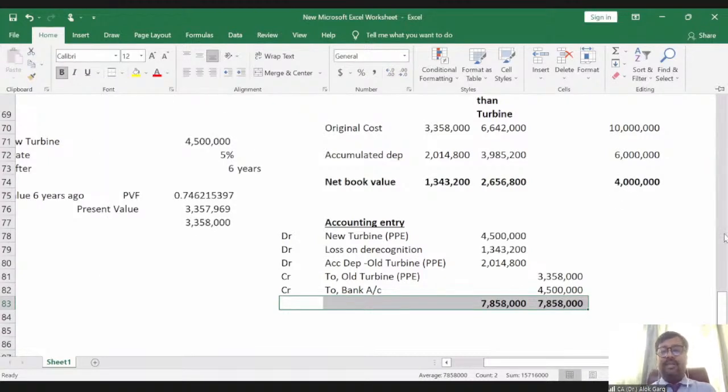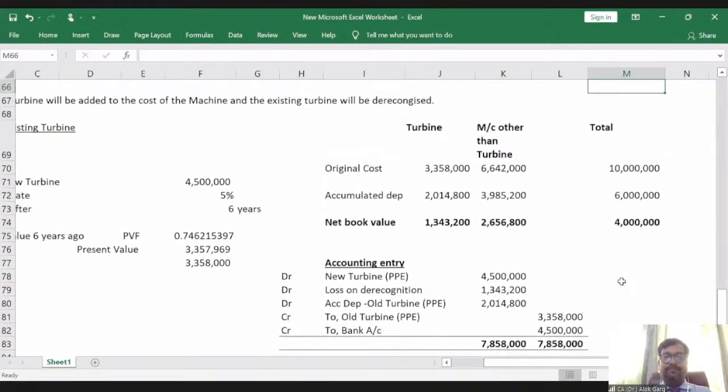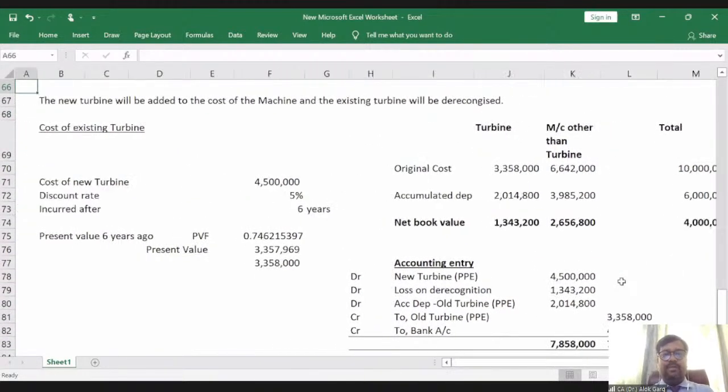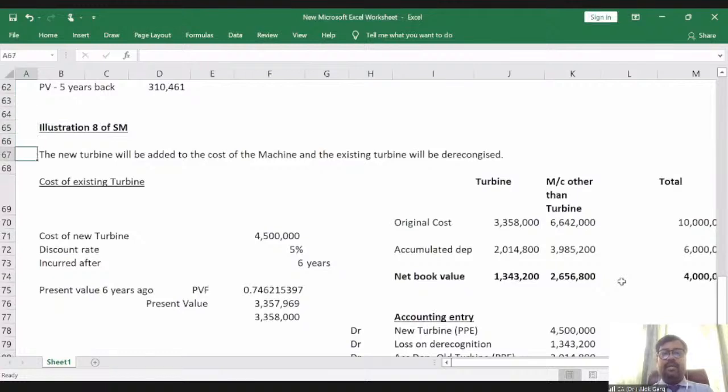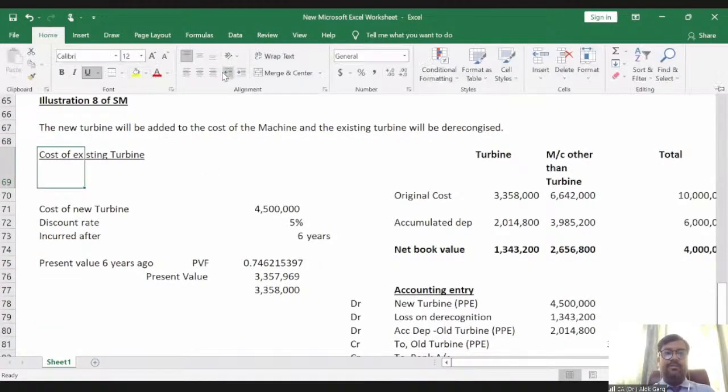I hope you are able to understand how I have solved this particular question. The new turbine will be added to the cost of the machinery and the existing turbine will be derecognized. You have seen how we arrived at the cost of the existing turbine.